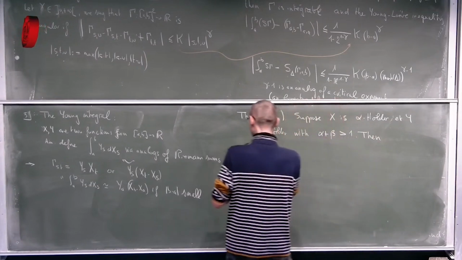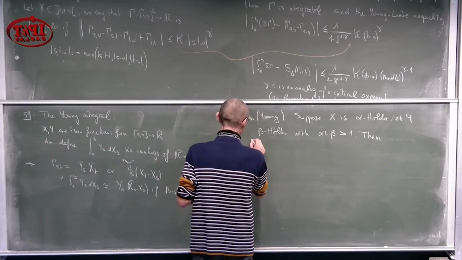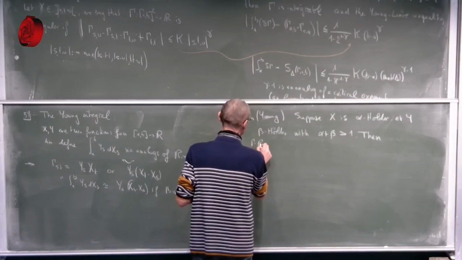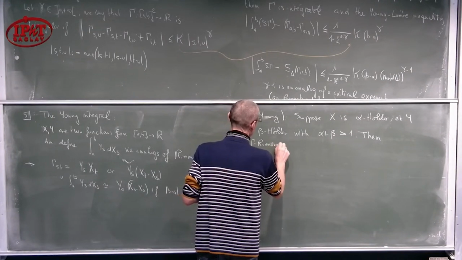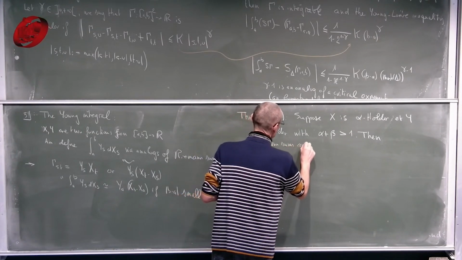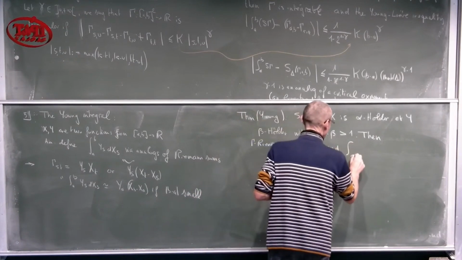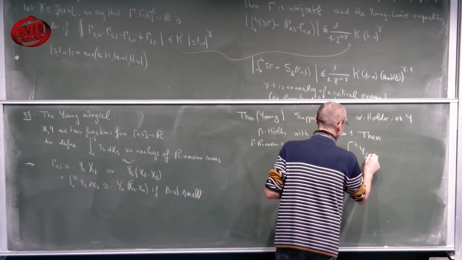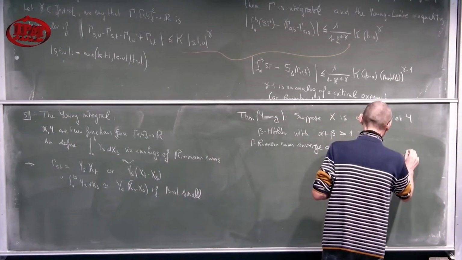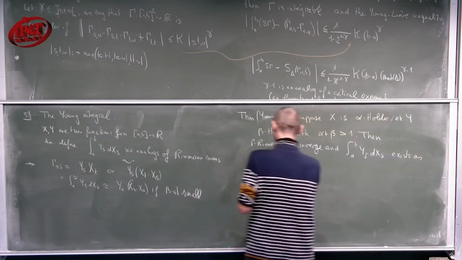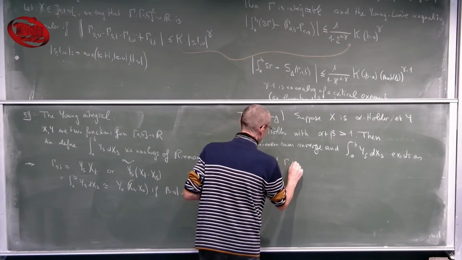Then the gamma Riemann sums converge; the integral of y_s dx_s exists as a limit of gamma Riemann sums.